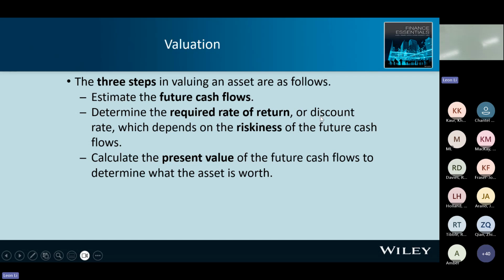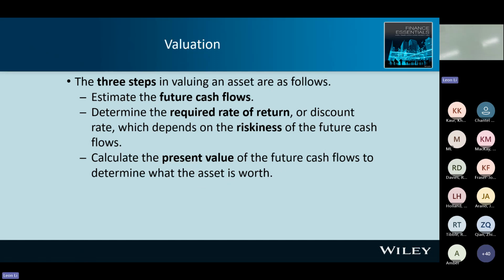Required rate of return is the discount rate. Discount rate depends on the riskiness of the future cash flow. After we have cash flow and the required rate of return, finally, we calculate the present value of the future cash flow to determine what the asset is worth today.